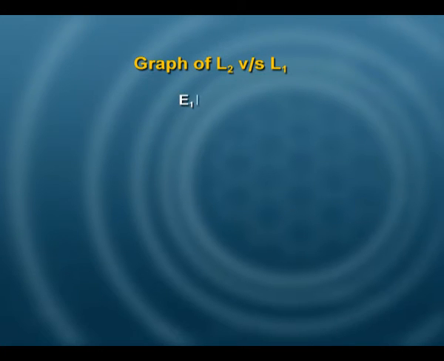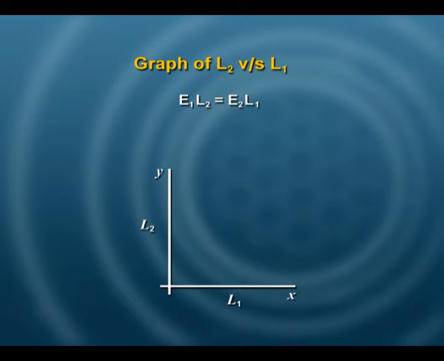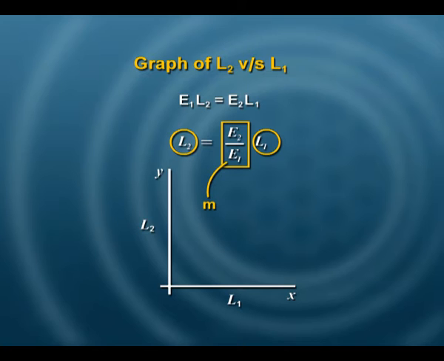From this formula, E1 into L2 is equal to E2 into L1, and if I make on my graph on the y axis L2 and on the x axis L1, this will give me an equation L2 is equal to E2 upon E1 into L1. Therefore, we will be expecting a straight line. This would be my slope of the line, and this is the ratio of the EMF of the two cells.